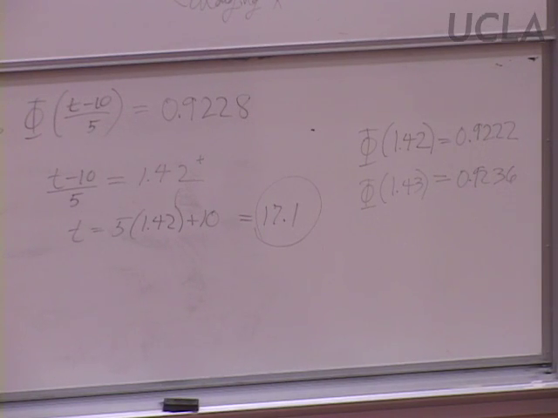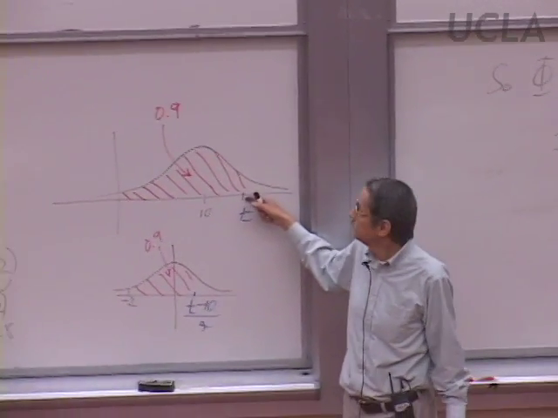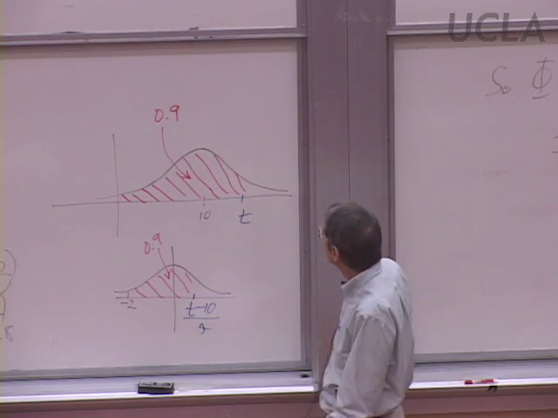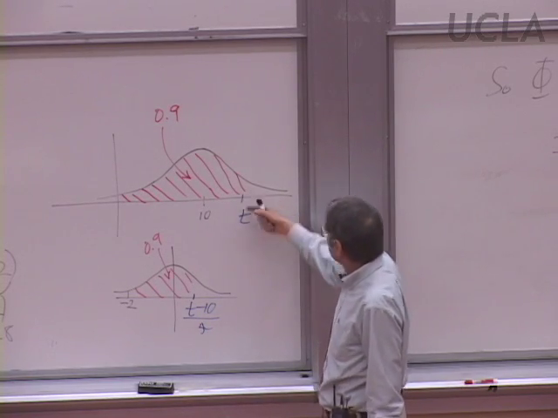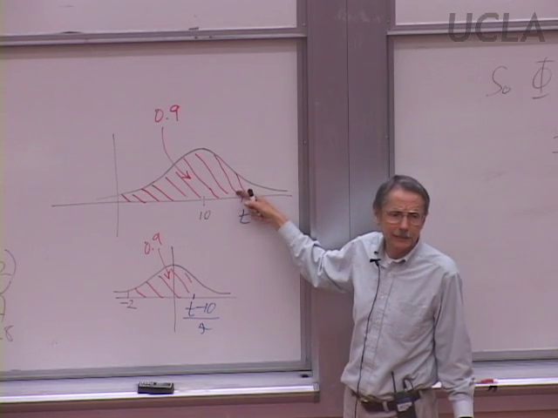And if you're using your calculator instead of the table, it will probably give you more accuracy. Going back to the picture, it looks plausible. 17.1, yeah, we knew it was going to be more than 10. It's somewhat more than 1 standard deviation above the mean.